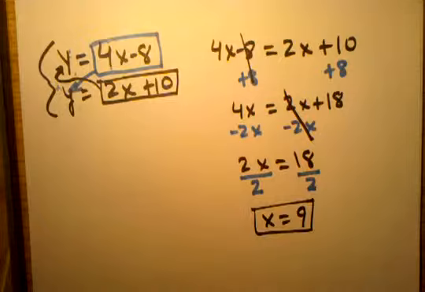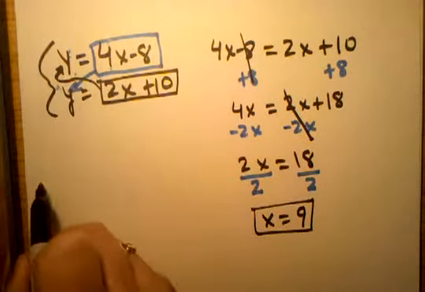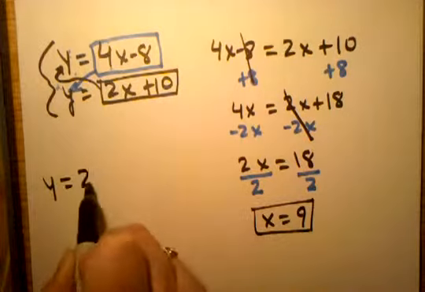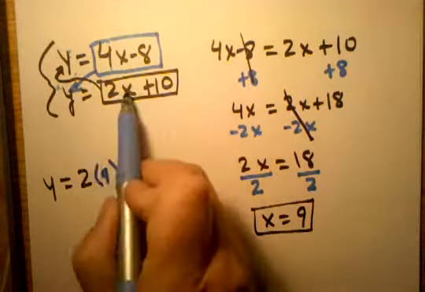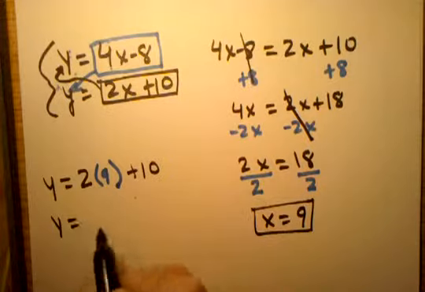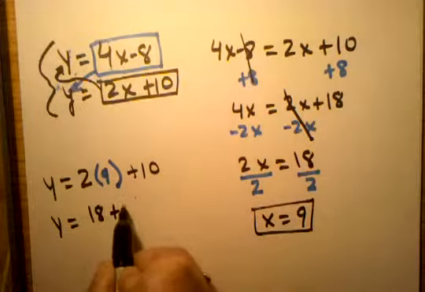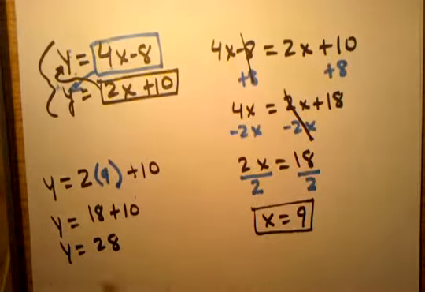I'm going to pick the second one. So now I'm going to write y equals 2 times 9 instead of x, plus 10. I'm going to continue solving. I'll get 18 plus 10, which means y equals 28.